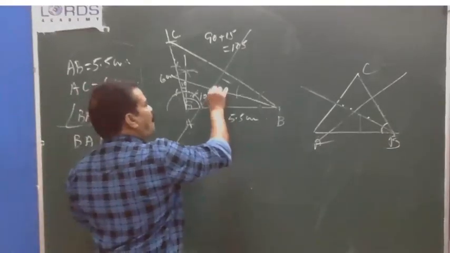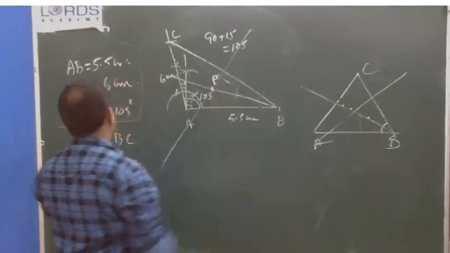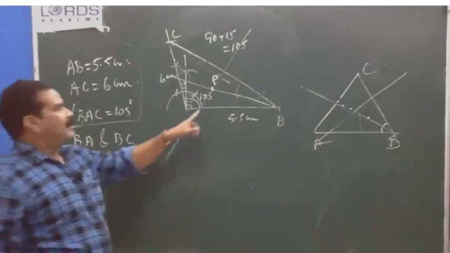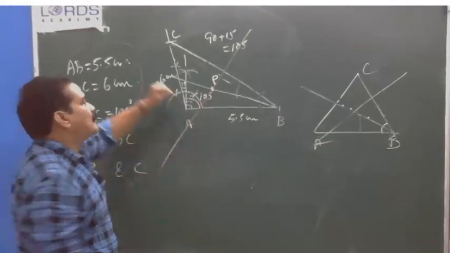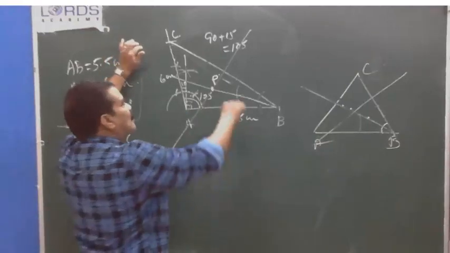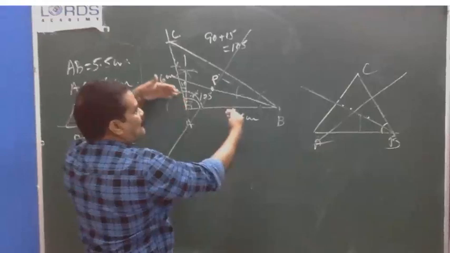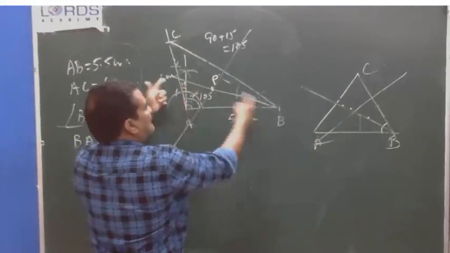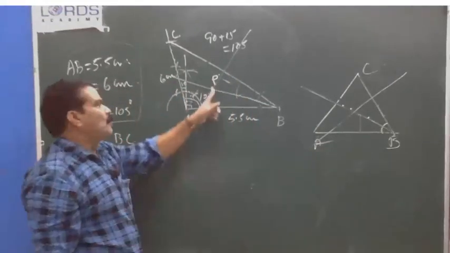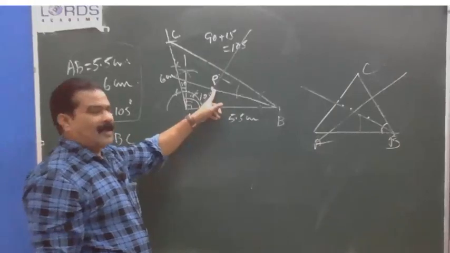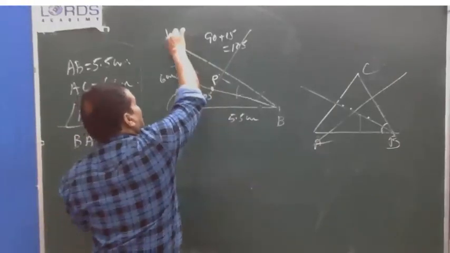The intersecting point, you take it as P. And the third part is loci, which is the plural of locus. The intersection of these two loci of points will be P, and join PC.